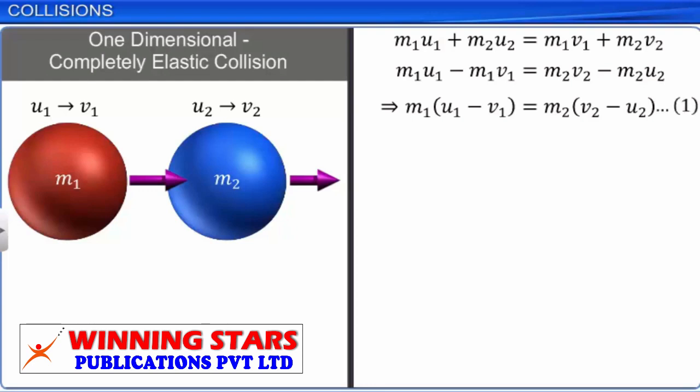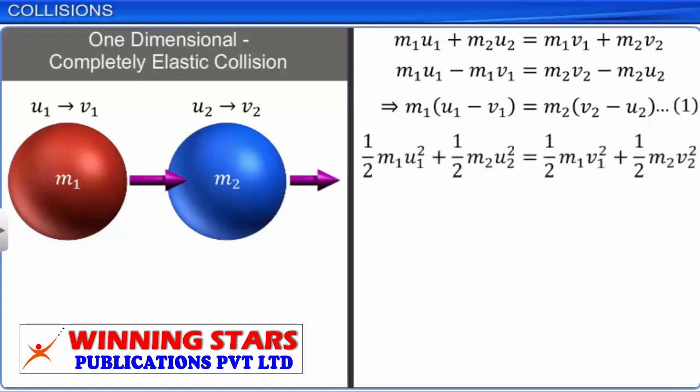Since the total kinetic energy is also conserved in an elastic collision, we have half m1 u1 square plus half m2 u2 square is equal to half m1 v1 square plus half m2 v2 square, or m1 u1 square plus m2 u2 square is equal to m1 v1 square plus m2 v2 square.